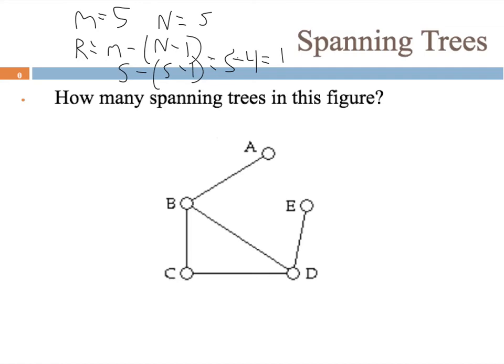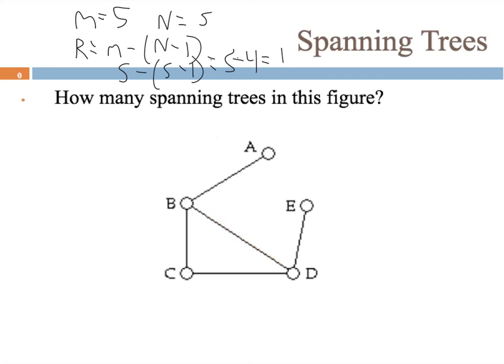We have to remove one of those edges. If we were to get rid of BD, all the vertices are still part of the network, and we have a tree, so that works.